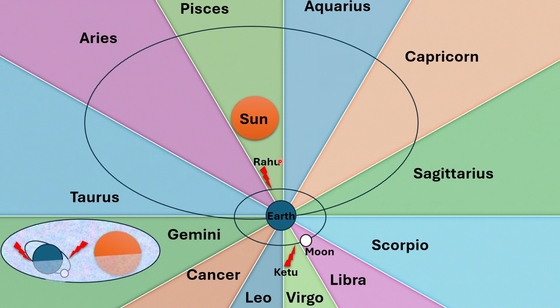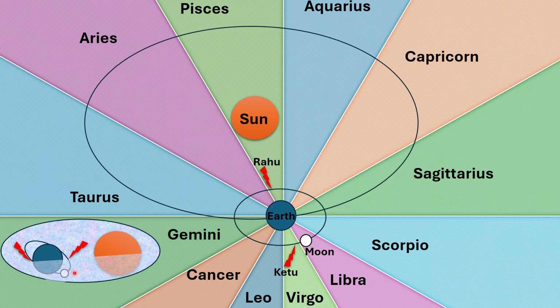So Rahu and Ketu are the intersection points of Sun's ecliptic plane and Moon's orbit around the Earth. If you look here on the left side, I have tried to make the ecliptic plane and shown Sun above and below, and also Earth above and below this plane.